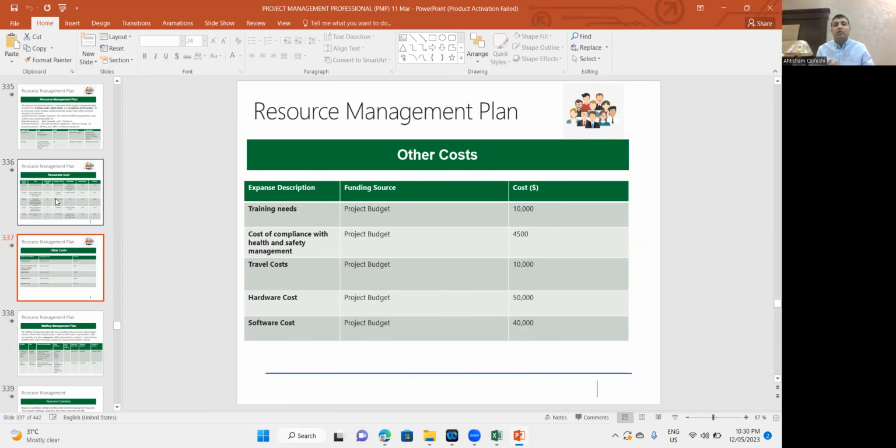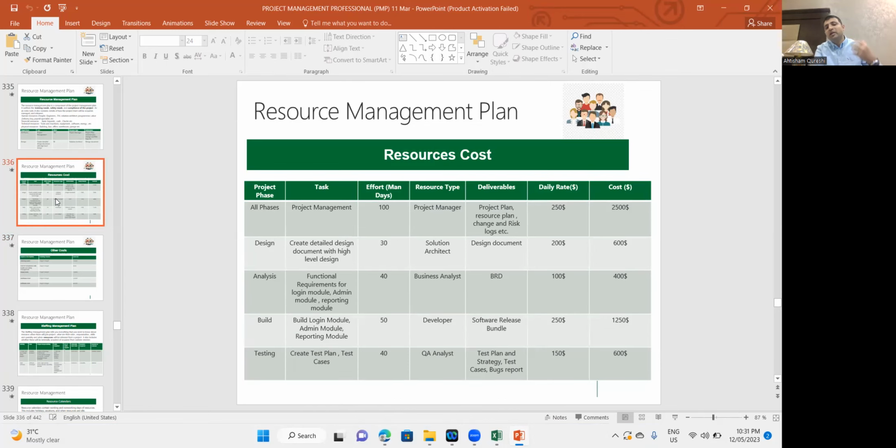If you are hiring a resource, then you need to think about the training needs of that resource, right? Managing that resource. So maintenance cost, if you are buying software or hardware, there will be some cost involved. So all those material costs you need to think about.